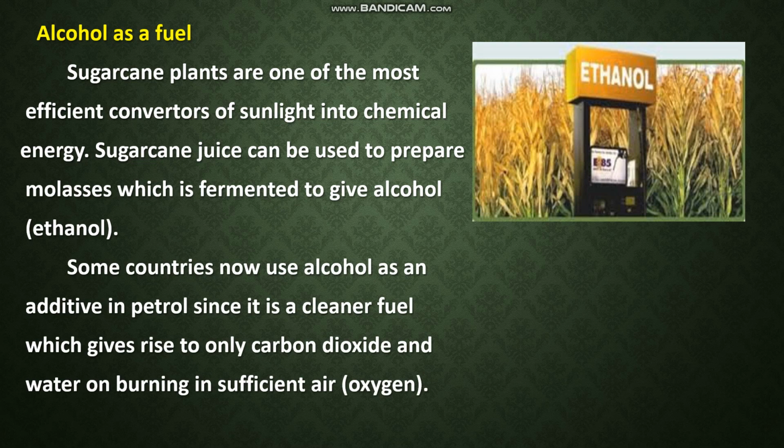So when it oxidizes, oxides of sulfur or nitrogen are produced. These are the pollutants. But when ethanol undergoes combustion, what is produced? Only carbon dioxide and water, which do not cause pollution. So the use of ethanol as a fuel reduces the pollution.